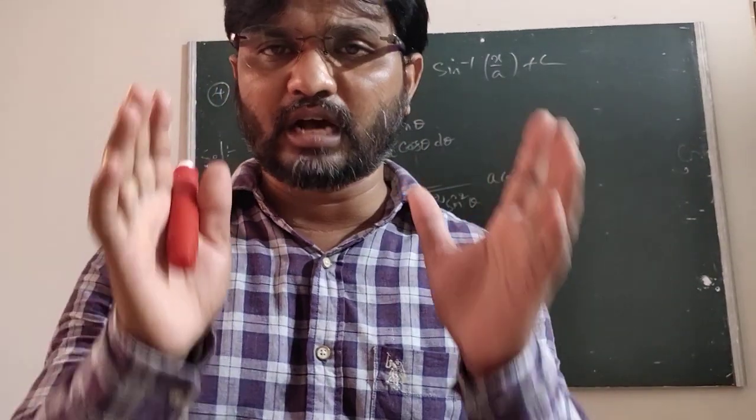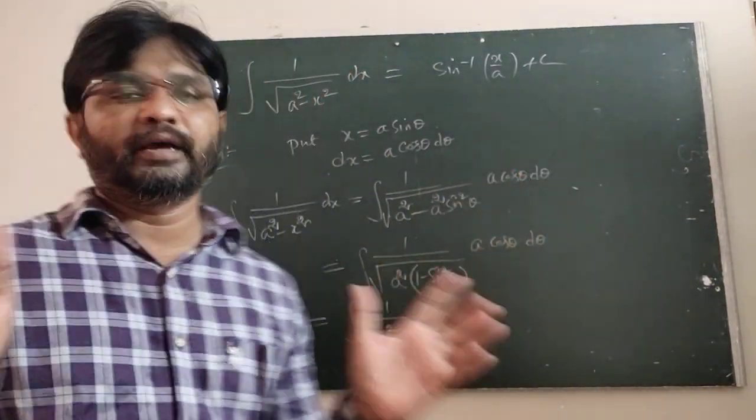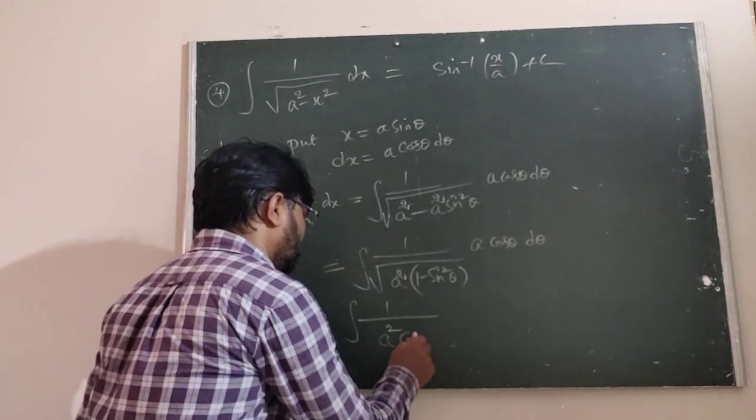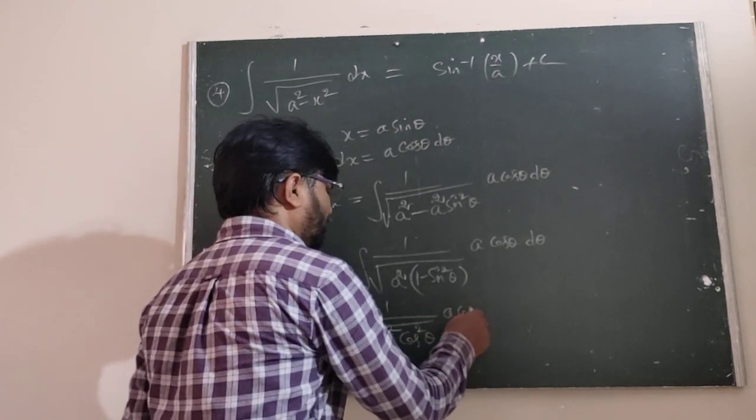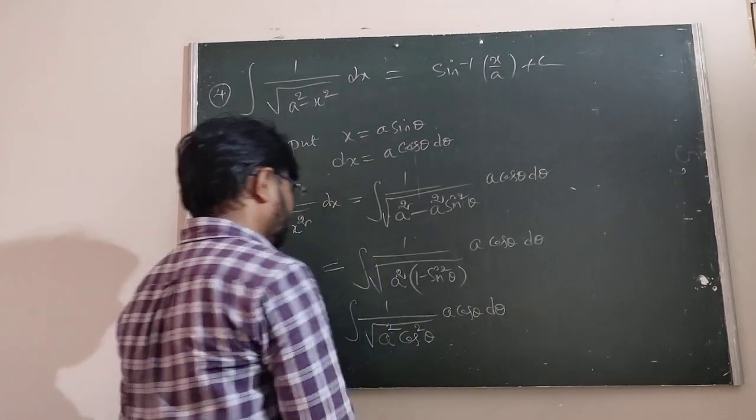We know that 1 minus sin square theta is cos square theta, so it becomes under root of a square cos square theta, into a cos theta d theta.